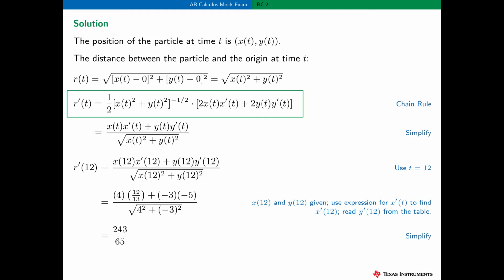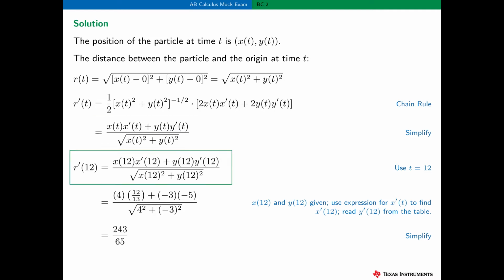The derivative of x of t squared is 2 times x of t raised to the first power times the derivative of the inner function x of t, which is symbolically just x prime of t. And similarly for the derivative of y of t squared. A little simplification leaves us with this expression for r prime of t.